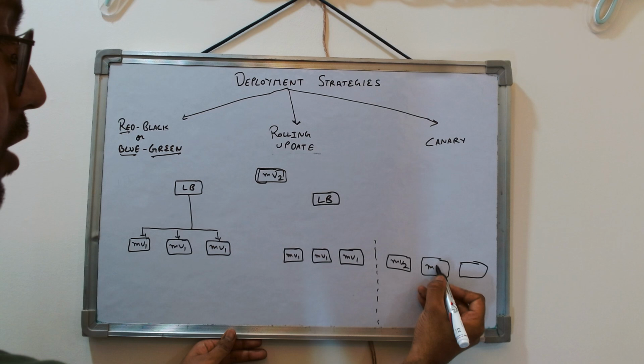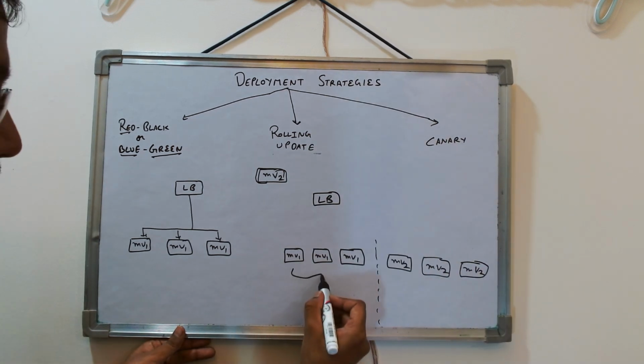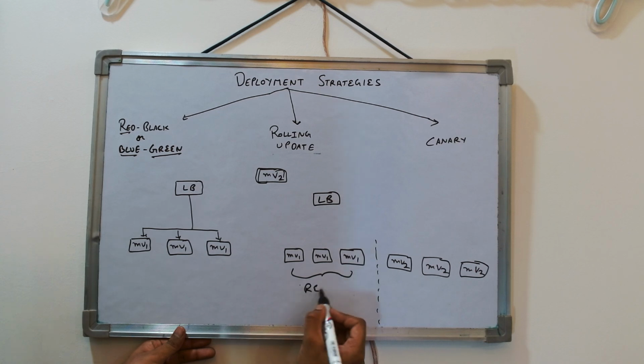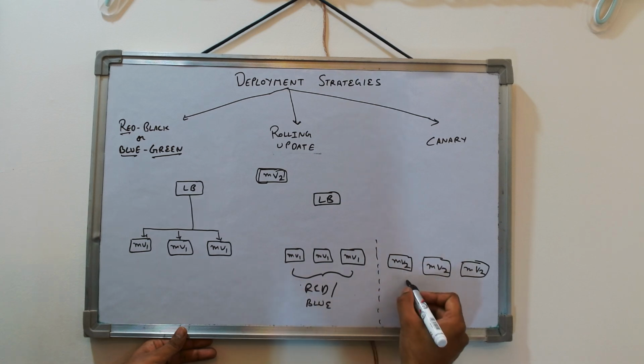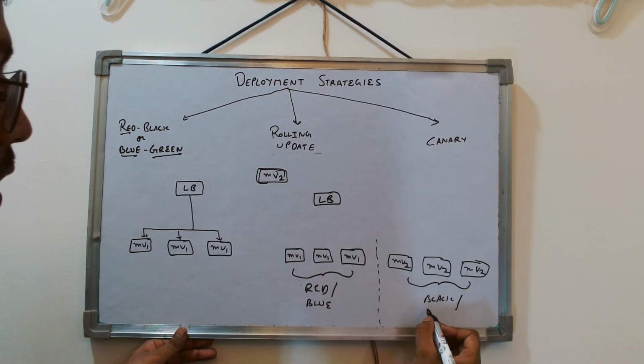So the old group is known as red or blue. The new group is known as black or green.